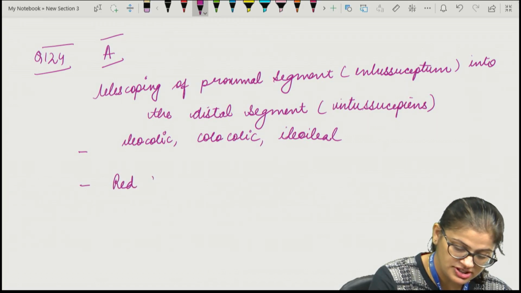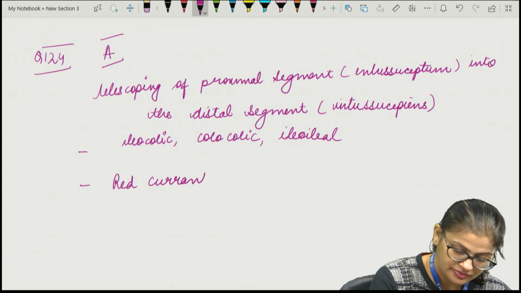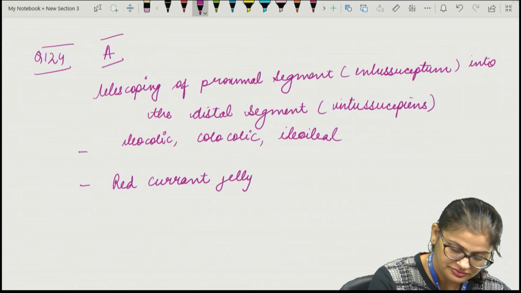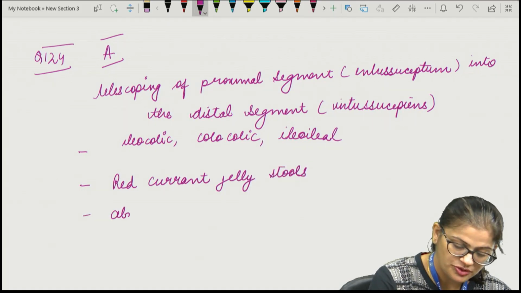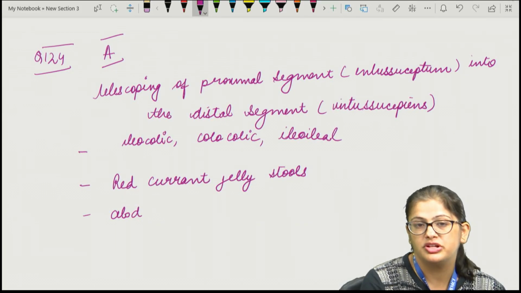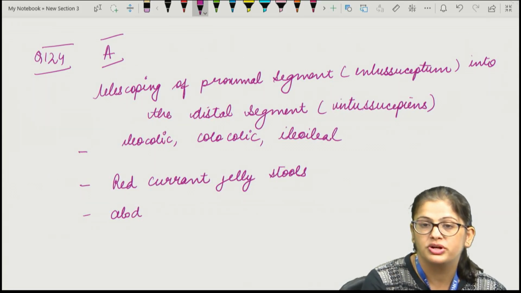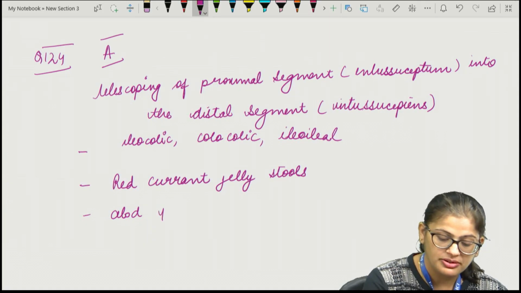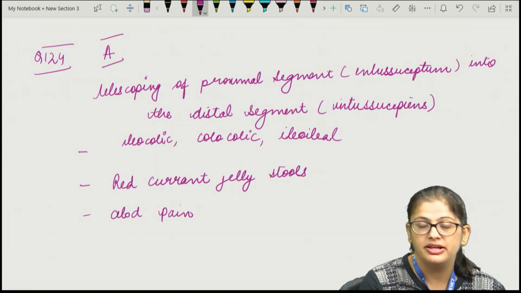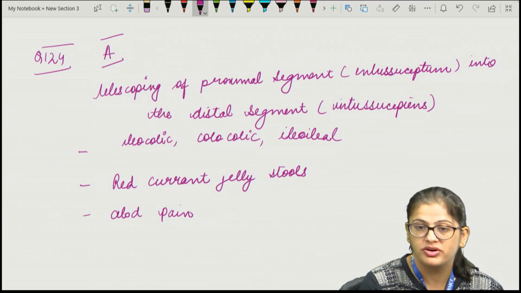Red currant jelly stools, abdominal pain. Obviously a young child, 3 months old or 4 months old, will not be able to tell about the abdominal pain, but the child may cry incessantly and he may sometimes pull his legs over his abdomen.